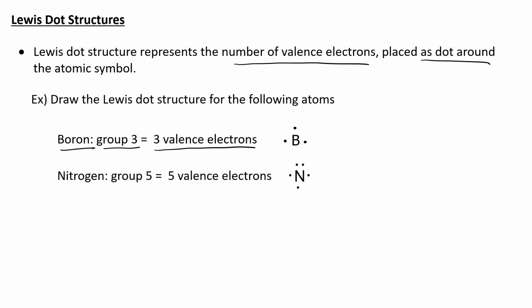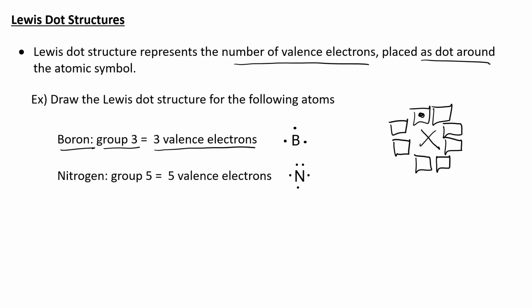Now, we can take some generic atom X, and the total number of spots or slots will be 8. 2 on each side. So that was boron.